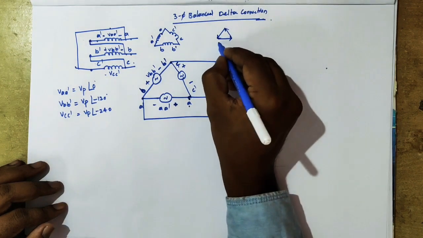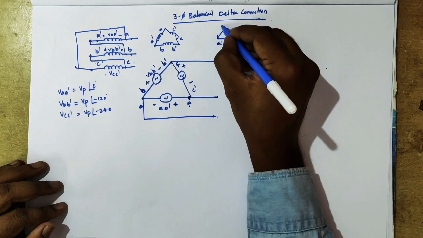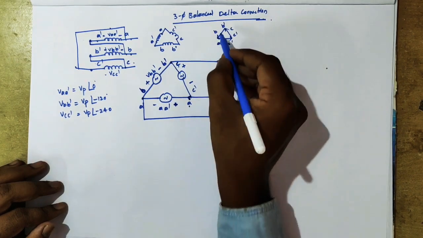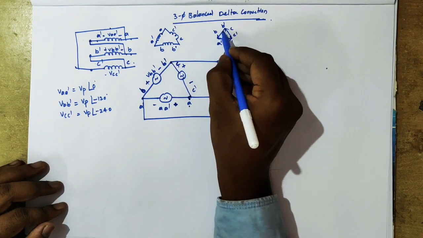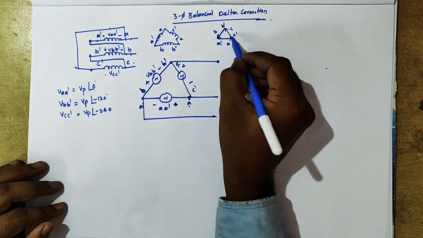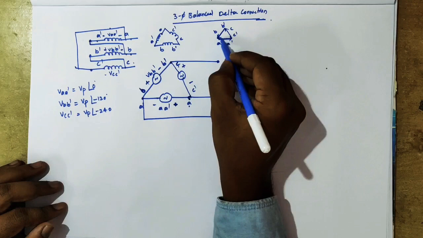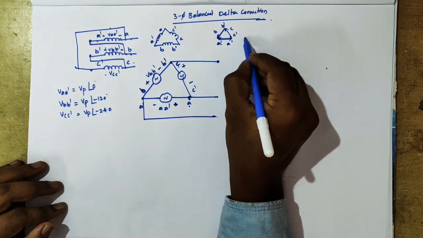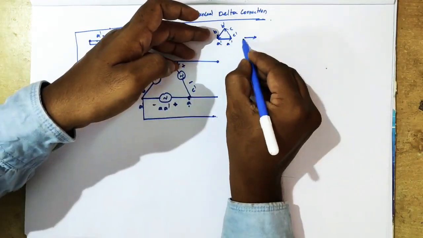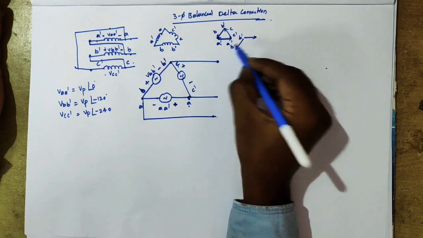This is A dash A, B dash B, and C dash C. I see this vector is coming downward. That means B dash is 120 degrees apart from A dash. If you draw this downwards, it is represented like this, right? B dash B.